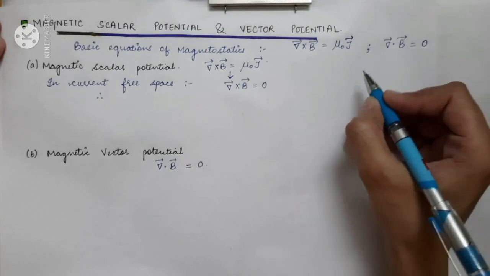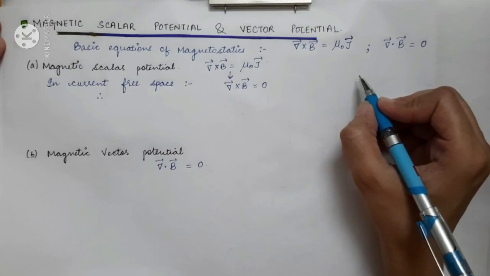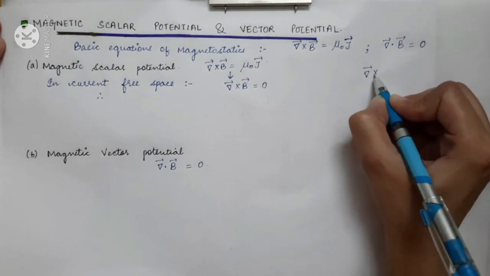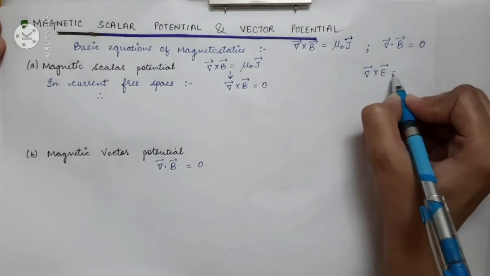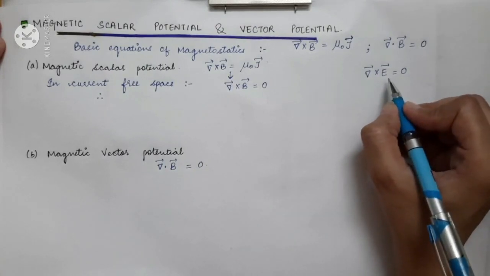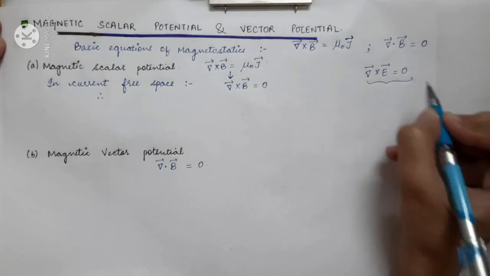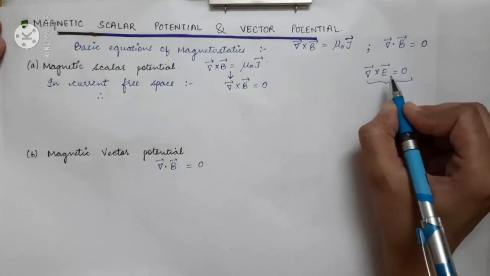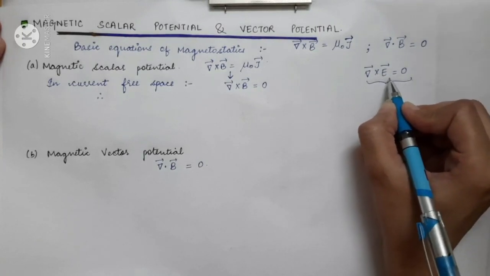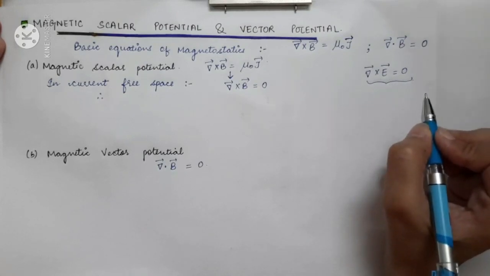Now let's recall the concept that we derived in the case of electrostatics. There we had studied that curl of electric field always comes out to be equal to 0. No matter what, curl of electric field is always equal to 0. There we found that if curl of any vector is equal to 0, then that vector can be written as gradient of some scalar function.